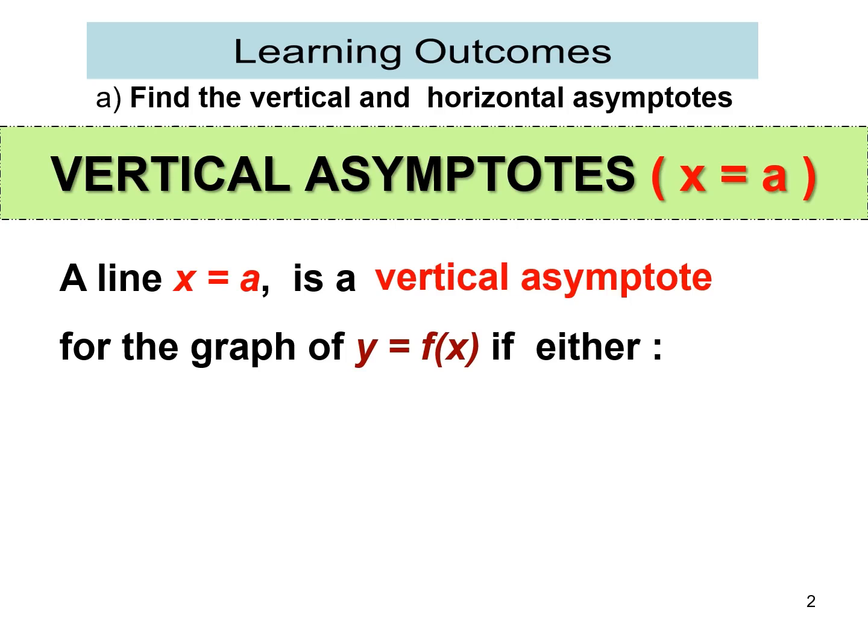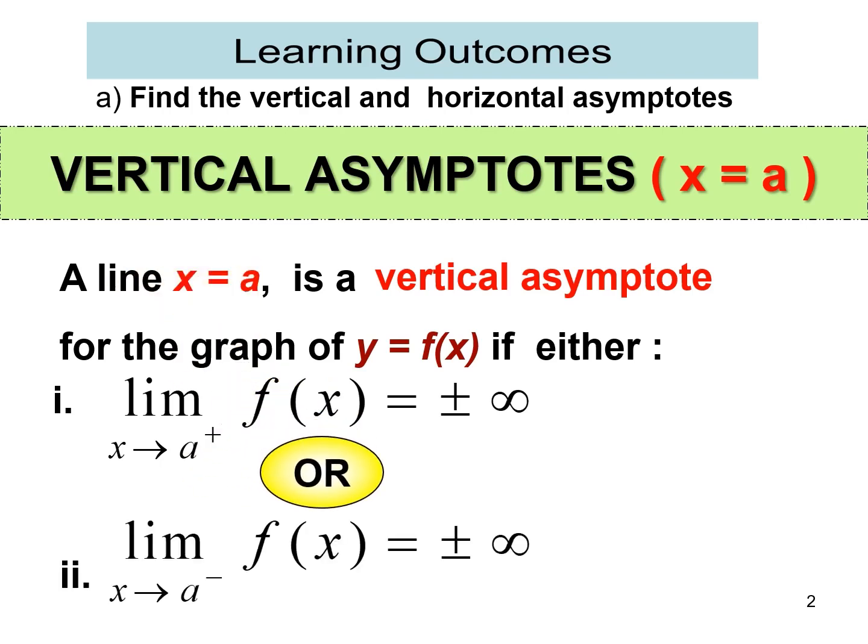A line x equals a is a vertical asymptote for the graph of y equals f(x) if either 1. the limit of f(x) when x tends to a from the right is equal to positive or negative infinity, or 2. the limit of f(x) when x tends to a from the left is equal to positive or negative infinity.